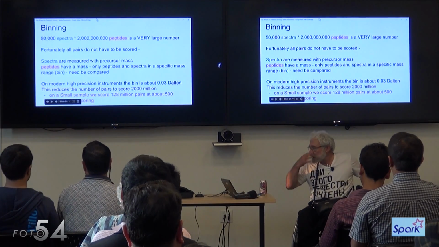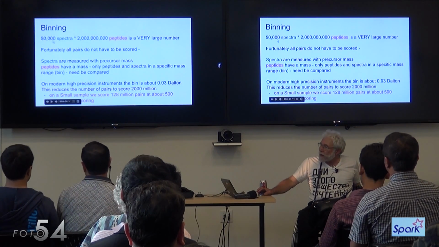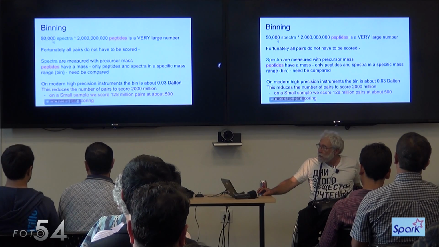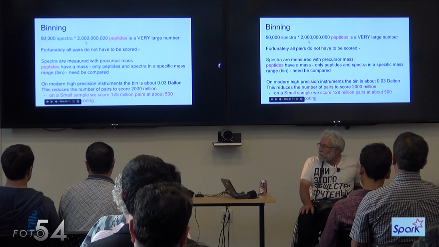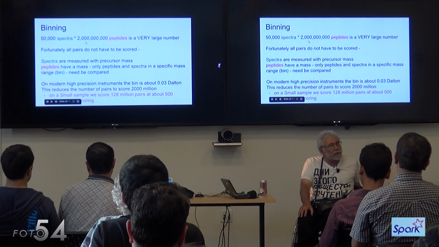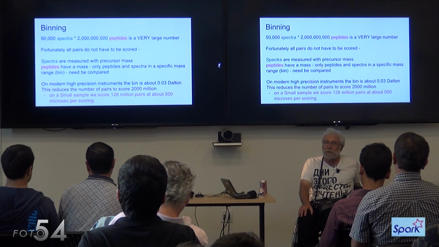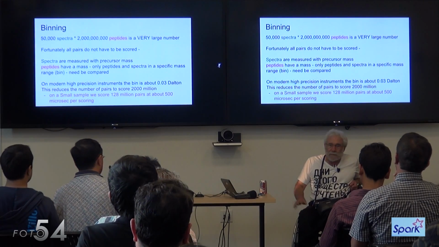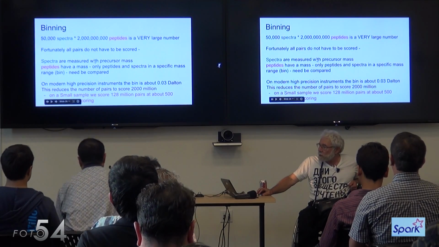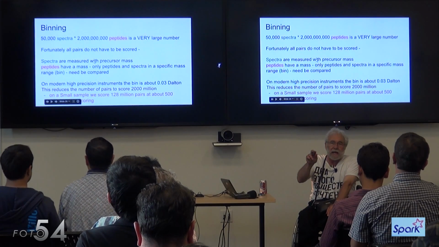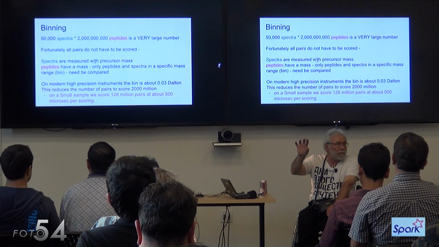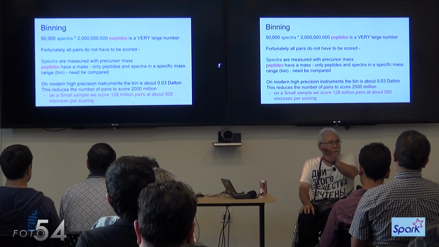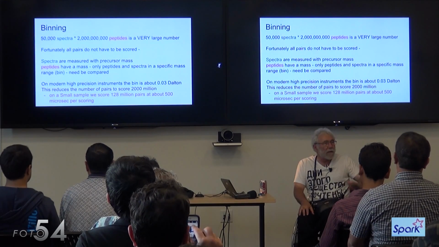So, anyway, this is a big problem. 50,000 spectra, and we're now analyzing up to 400,000 spectra by a couple of billion peptide fragments turns out to be an extremely large number. The good news is you don't have to do all of those pairs. All you have to do is the ones where you know the mass of the theoretical peptide fragment, you know the mass that you measured for the spectrum, and they have to be close enough.